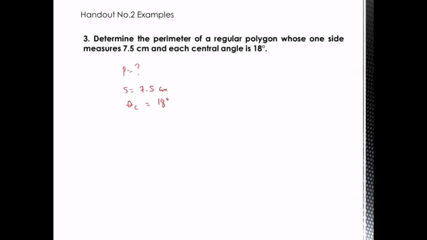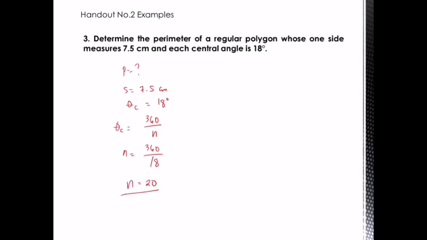So, from the formula that we have, given the central angle, the formula for the central angle is 360 over n. So we can get n, that is 360 divided by the central angle 18, and therefore is 20.